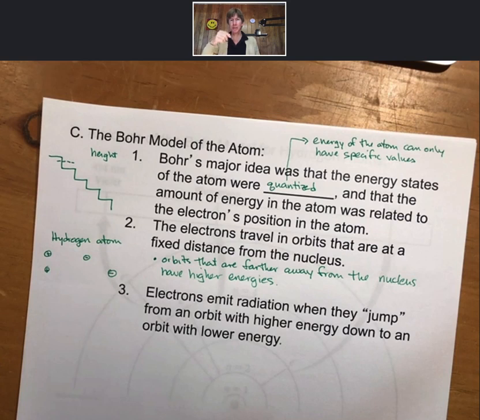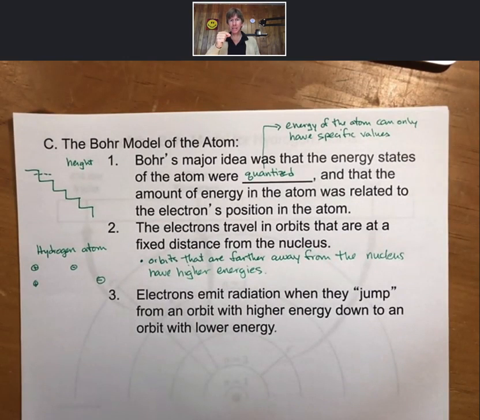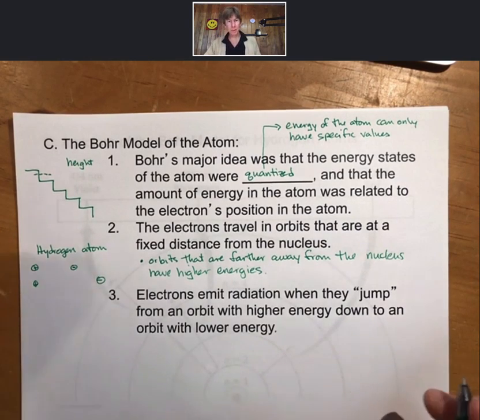And so that emitted light is telling us about the transitions of the atom, and really about the transitions of the electron or an electron in an atom as it moves from a higher to a lower energy level. When that light is absorbed, it is an electron moving from a lower to a higher energy level. So, right. That's what we're going to see.